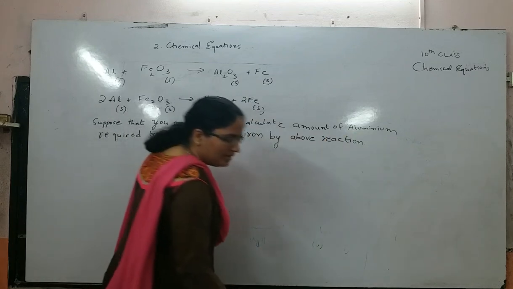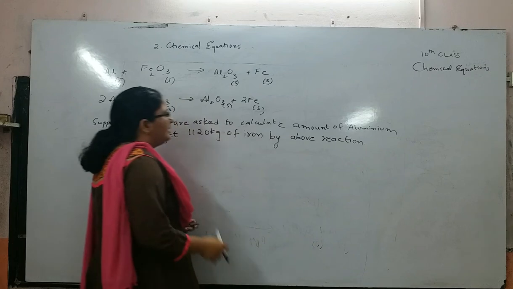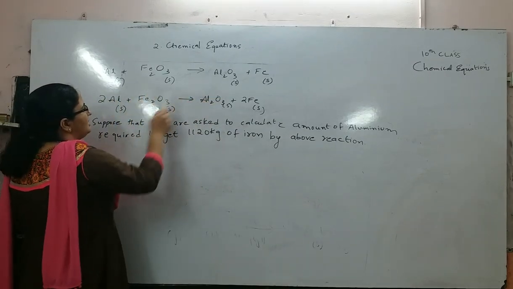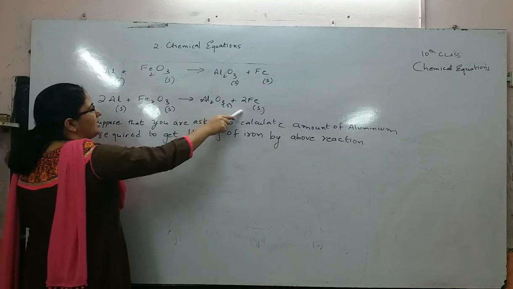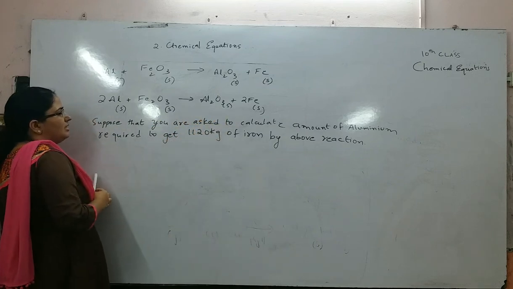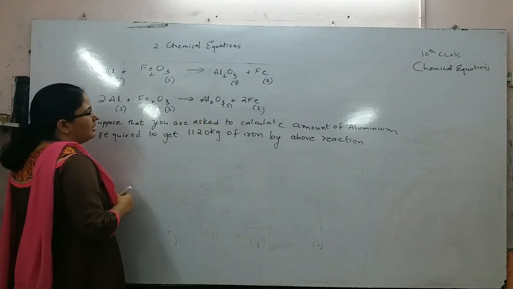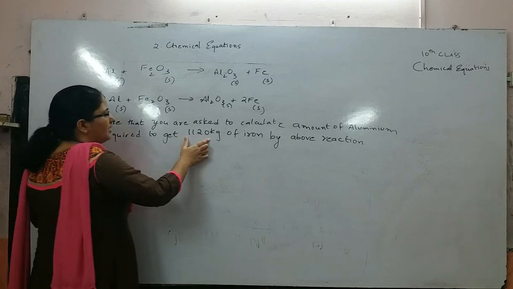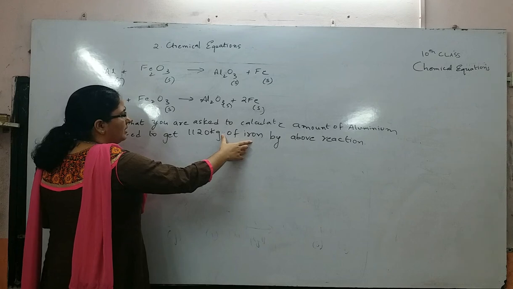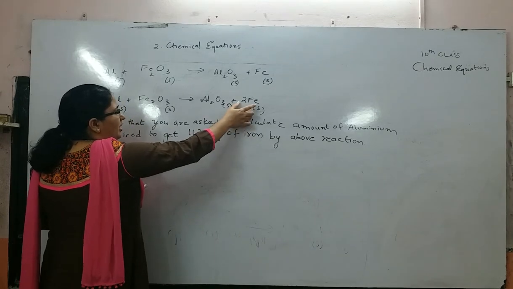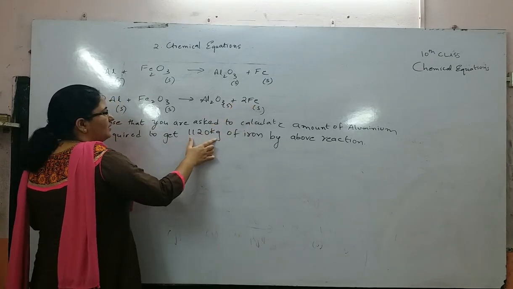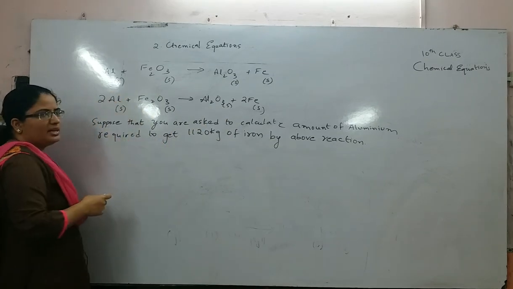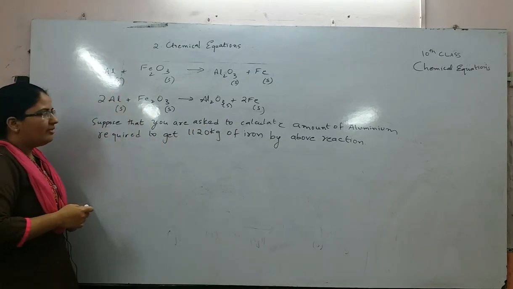Okay. Here you are given an equation like this. First of all, we are balancing the equation. Next, suppose I want 1120 kgs of iron. Here you are getting iron. I want 1120 kgs of iron. For that, how much aluminium is required? That is what we are supposed to find.